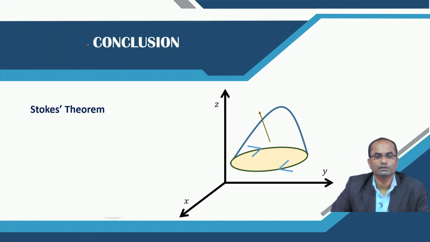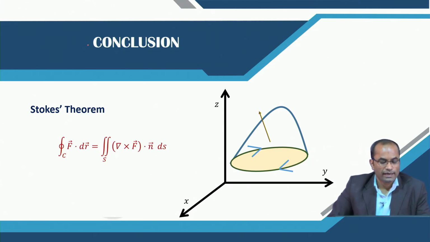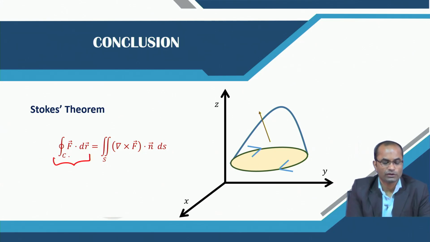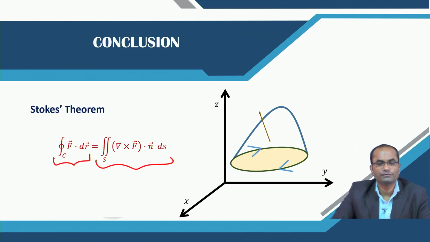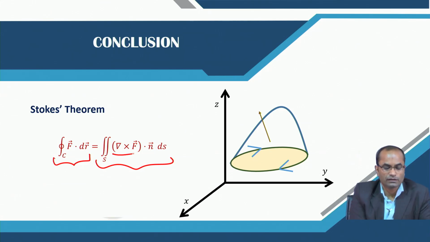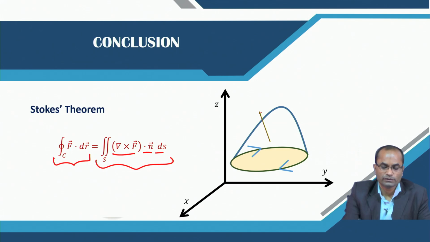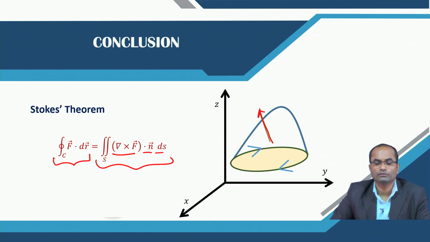we have just discussed the Stokes theorem in this lecture, which says that the curve integral of f dot dr is equal to the surface integral of curl f dot n over the surface. The most important point here in this equality was the direction of the normal and the direction of the curve, the orientation of the curve.